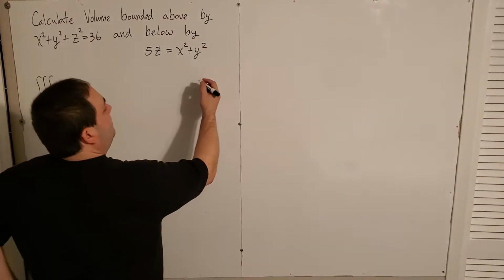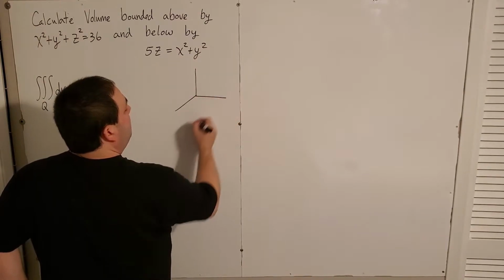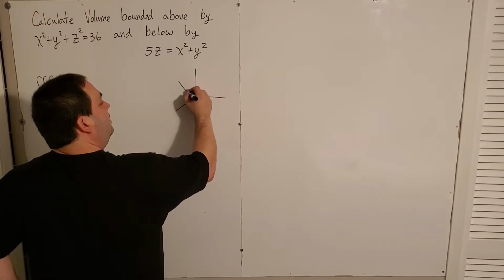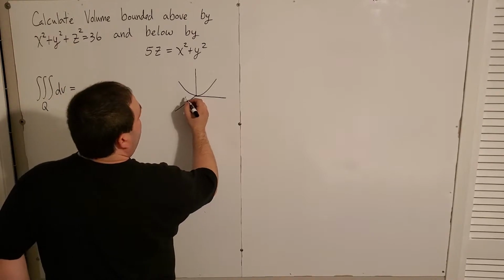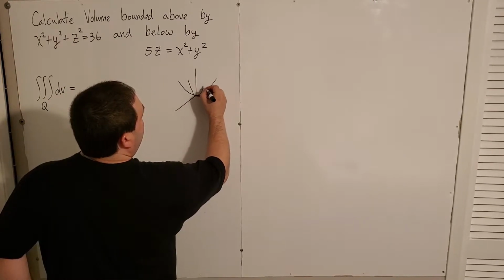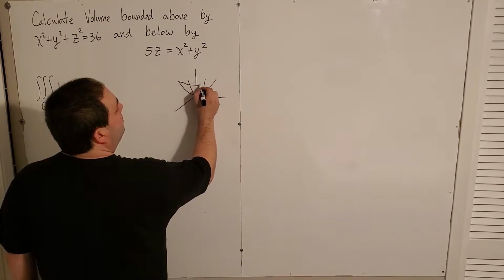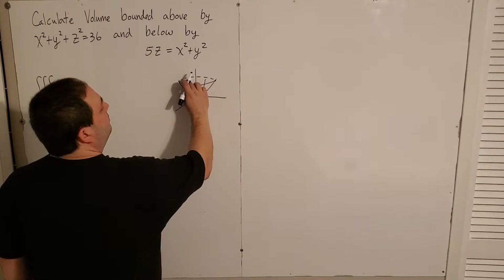So it's going to look something like this. I've got my parabolas here in the zy plane and my parabolas in the zx plane. And then I've got my circles in this plane here.